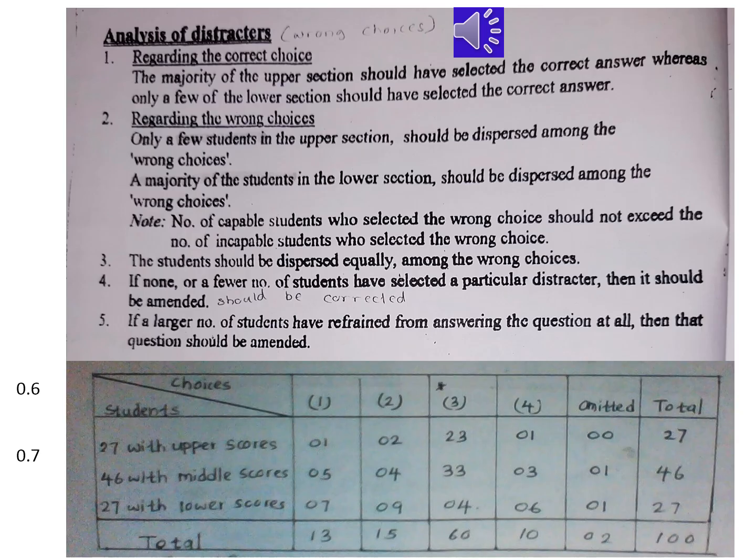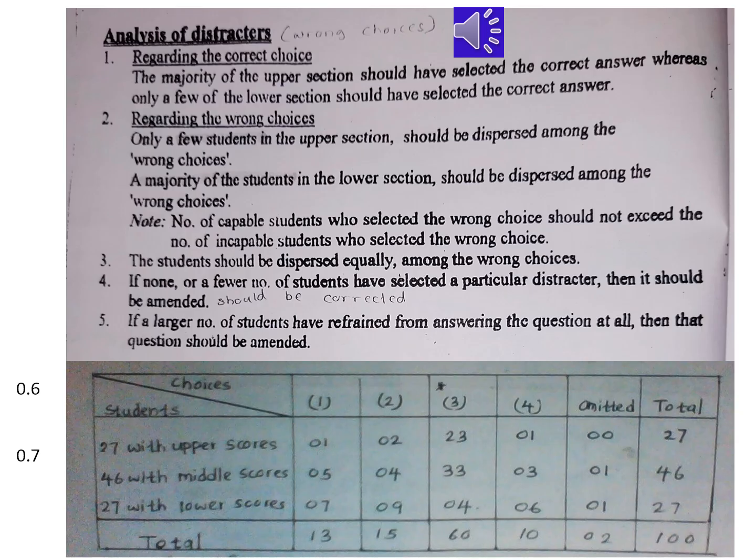What is that? 23. 23 students out of 27 have selected the correct answer. That part is okay. Whereas only a few of the lower section should have selected the correct answer. Go to the lower section, weaker students. 4 students out of 27 have selected the correct answer as the third choice. So that condition is okay for this example.